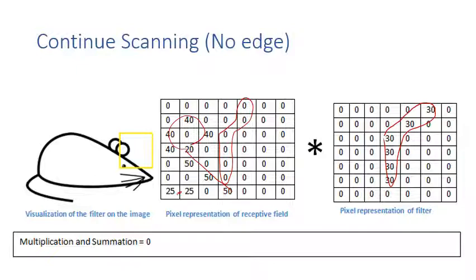So the multiplication and the summation is equal to 0. Our filter has no response at the head of the mouse. There is no curved shape at the head of the mouse. From this example, we learn that if the target shape is detected, we will get a large output response. Otherwise, we will get a very small or zero response of the filter.